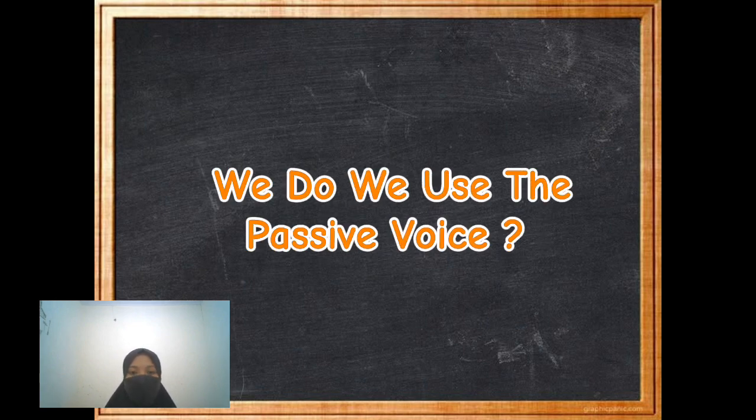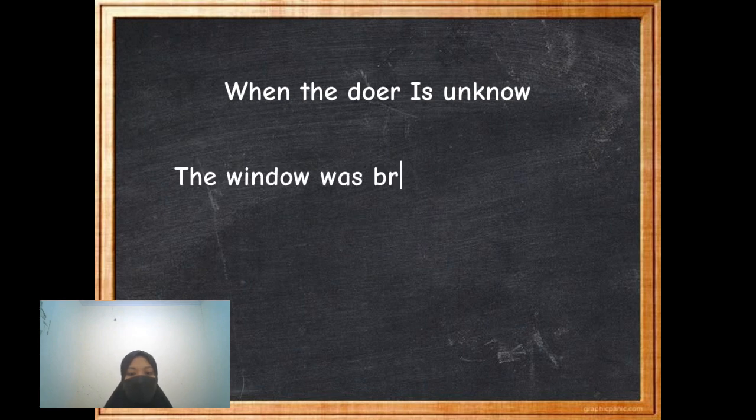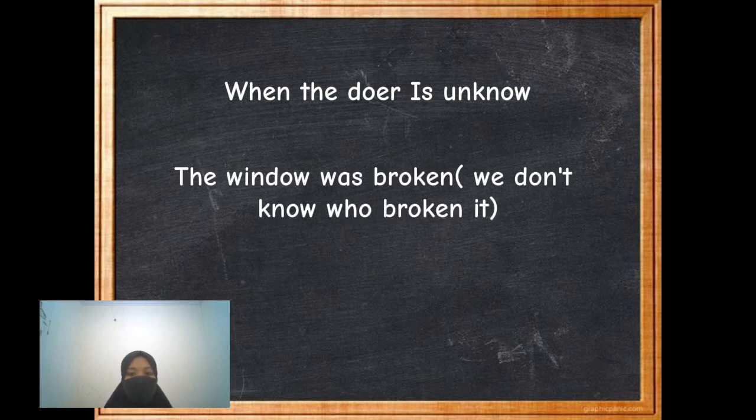Okay, next, when do we use the passive voice? First, when the doer is unknown. For example, the window was broken. We don't know who broke it.